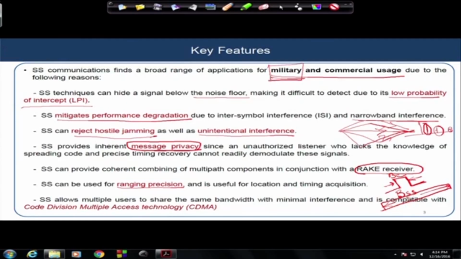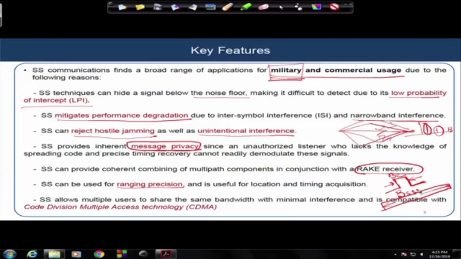When the bandwidth is very high, it is a wideband transmission, and in the time domain you can utilize this wideband signal for precise localization, because the time duration of the signal corresponding to the wide bandwidth is much less compared to the time duration of the signal of BC.